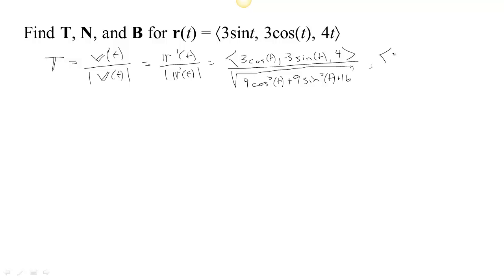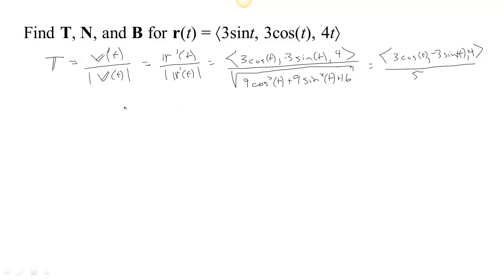So we have 3 cosine t, negative 3 sine t, and 4 over, 9 cosine squared plus 9 sine squared is 9. 9 plus 16 is 25, and the square root of 25 is 5.